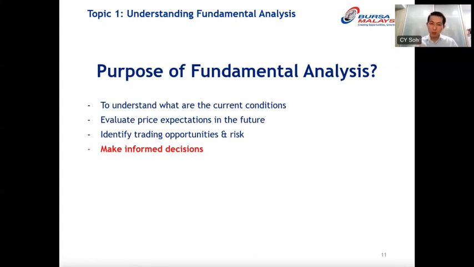It provides you a way to analyze various factors that impact the product that you're trading, and it allows you to make smarter investment choices and manage your risks effectively.